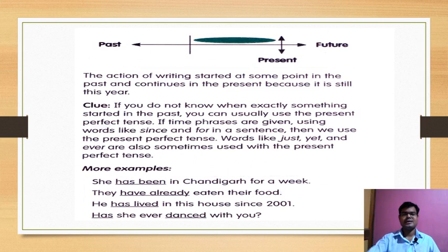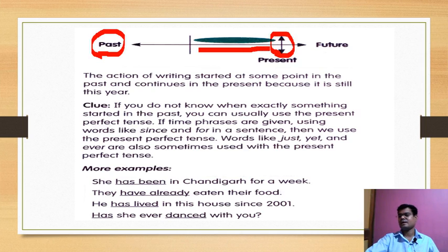Once again, let's check one more type. Present perfect. Here they have given an example like past, which is over, present, which is going on, and future, yet to come.